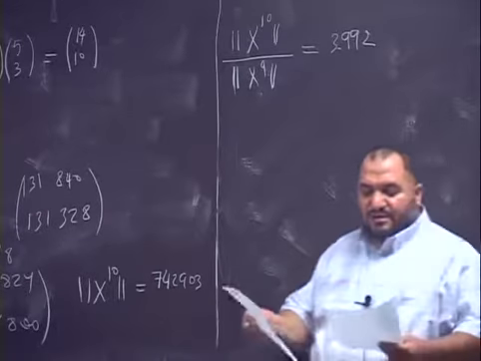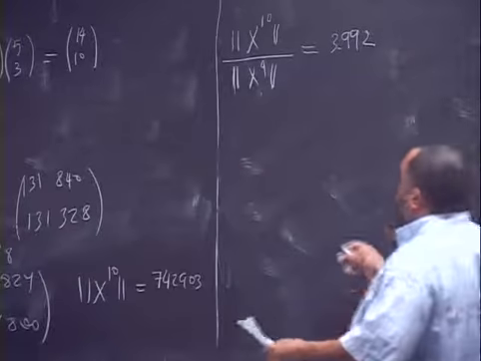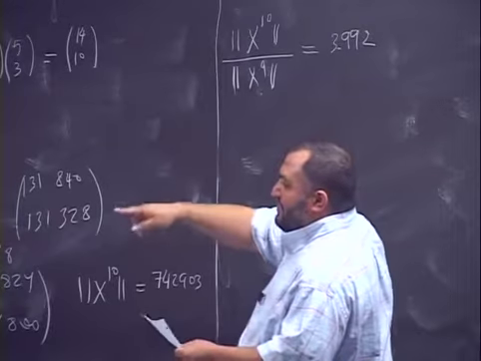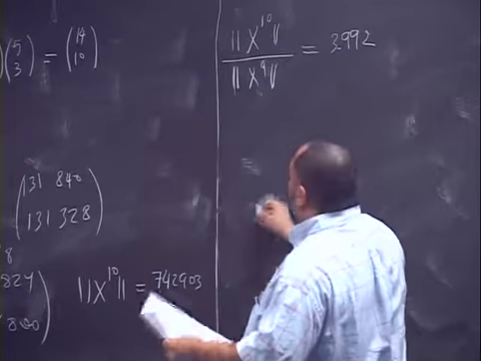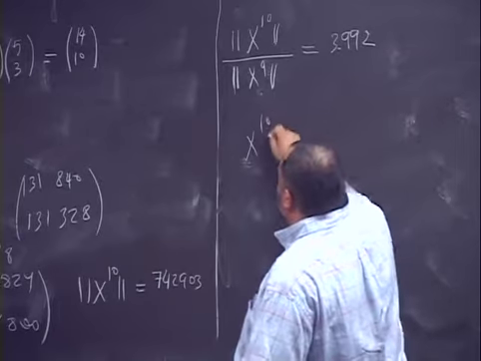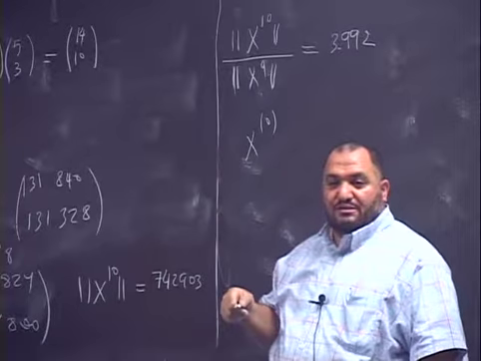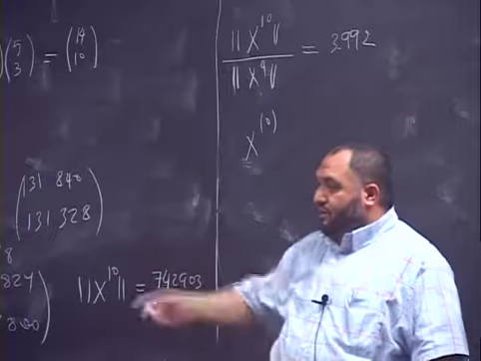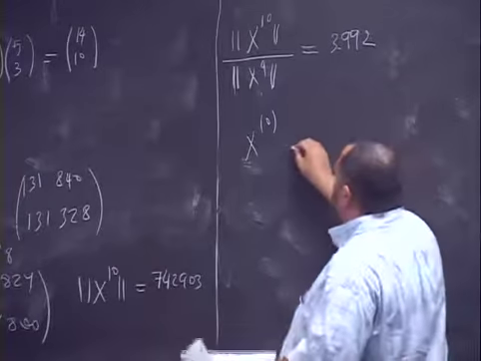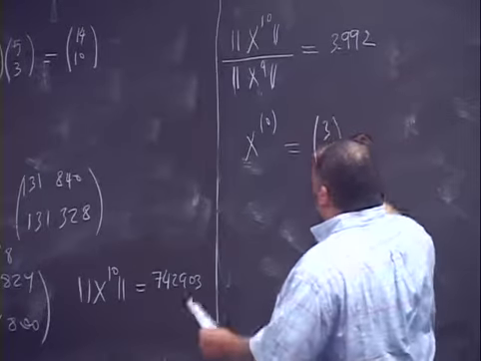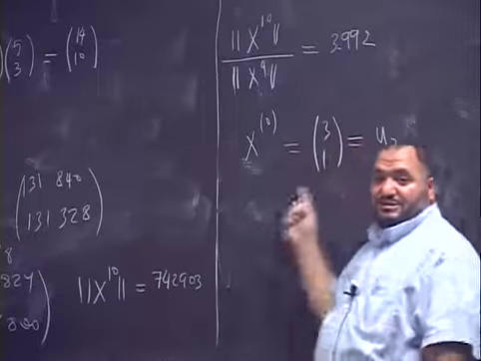So what happened? You will notice that we picked up for x of 0, the initial guess, 2 and 1. If we picked 2 and 1, it is a linear combination between what? Between u1 and u2. If we picked x of 0 to be 3 and 1, this means that x of 0 is what?